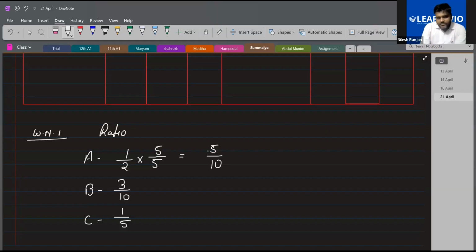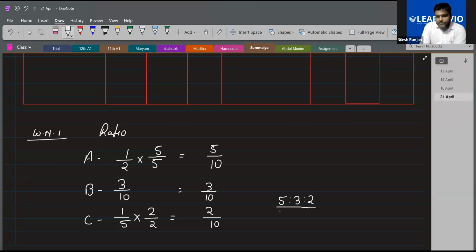Now when we cancel, it will be 1/2. So this is 3/10. And C, again, it will be 2/10. Is this clear? Yes. Now the ratio will be 5:3:2.